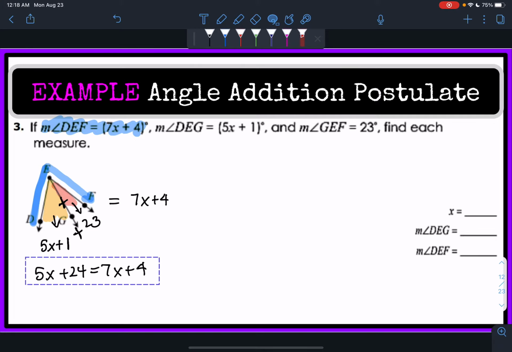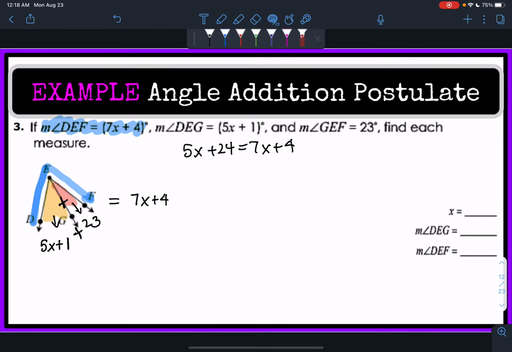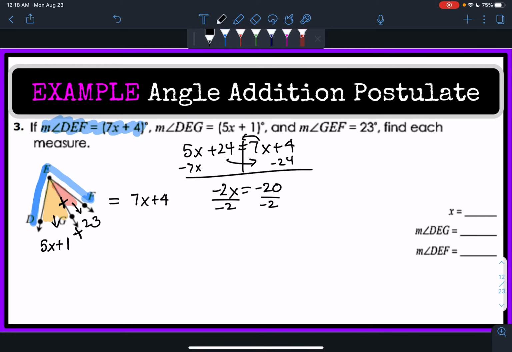Let me move this up here. So solving this equation, we would move our letters to the left, our numbers to the right. And we get that negative 2x is equal to negative 20. We would then divide by negative 2, and x would equal positive 10. So we now know that the value of x is equal to positive 10.